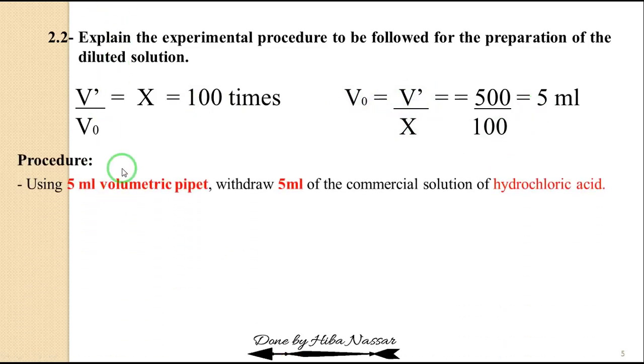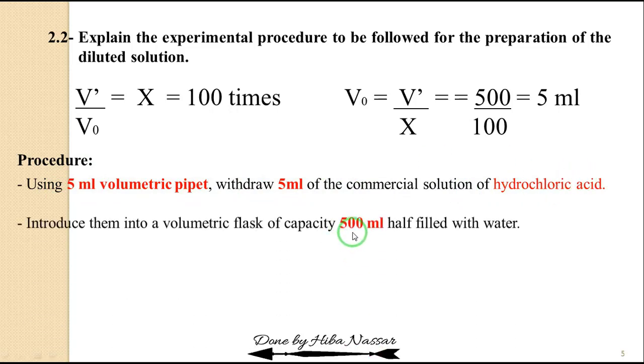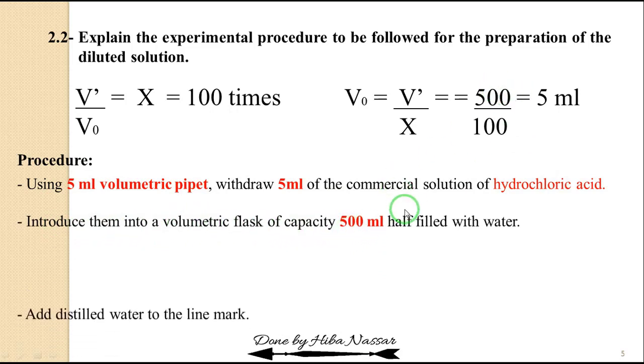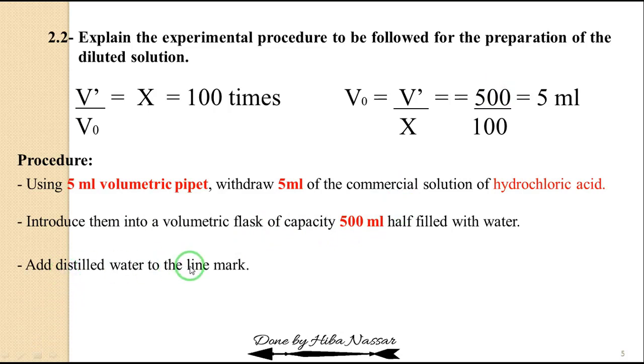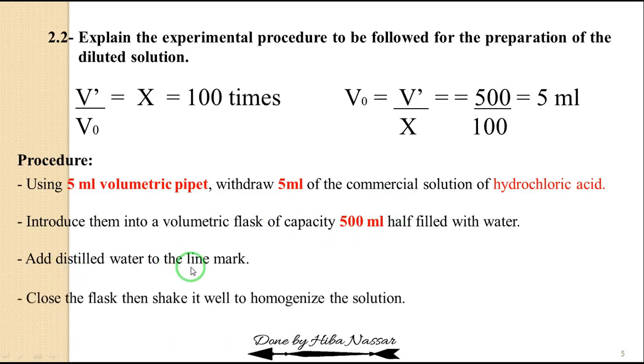Now we are going to write the procedure. Step number 1. Using a 5 milliliter volumetric pipette, withdraw 5 milliliter of the commercial solution of hydrochloric acid. Step number 2. Introduce them into a volumetric flask of capacity 500 milliliter, half filled with water. Now add distilled water to the line mark, then close the flask and shake it well to homogenize the solution.